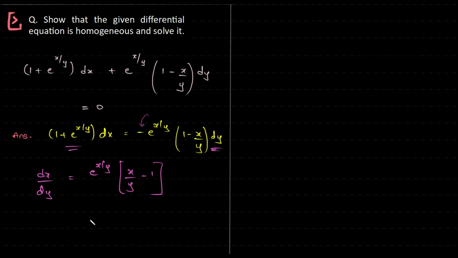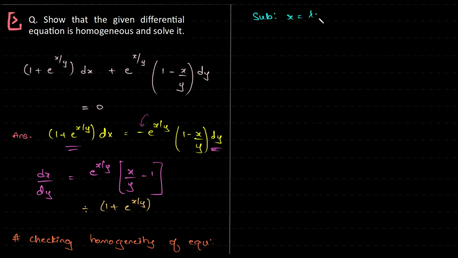Right? Now it's almost convenient. It's not that difficult. Oh sorry, I forgot the other expression, divided with 1 plus e to the power of x by y. Okay, so we need to check homogeneity of the equation by substituting x is equal to lambda x and y is equal to lambda y.